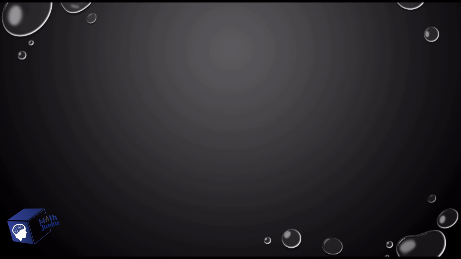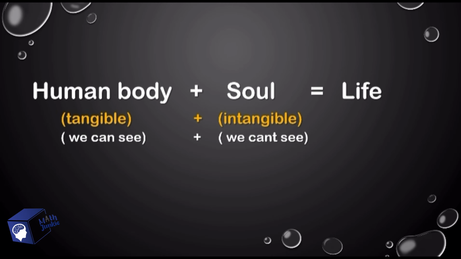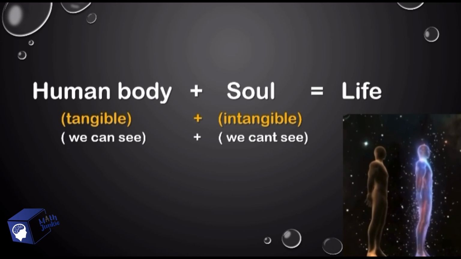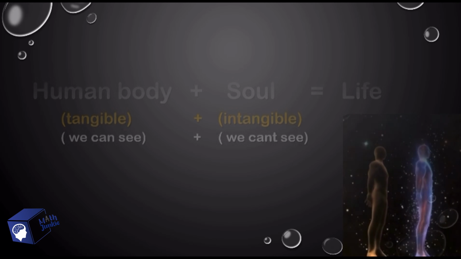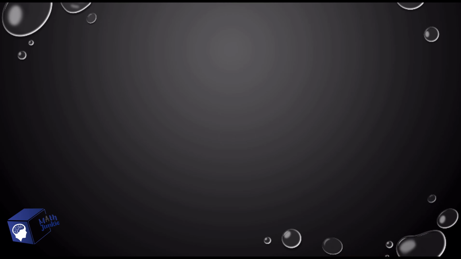So consider the example of human body plus soul. Human body is basically tangible. We can see it, we can touch it. And soul is the intangible. We can't see it, we can't touch it. But the combination of human body plus soul results to life. It results to a live human body.